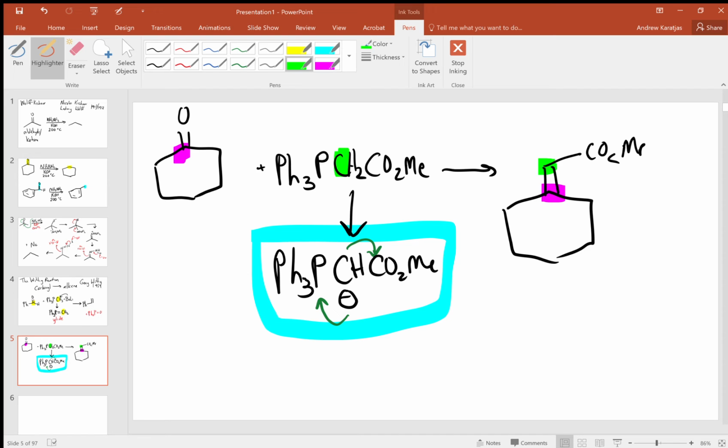So if you think about all the reactions of alkenes that you may have learned, as soon as you finish the Wittig reaction, all of the reactions of alkenes are available to you to continue to build upon this molecule. Finally, a lot of ylides, because of their ease of use and their stability, will contain these carbonyl groups attached to the carbon that's attached to the phosphorus.